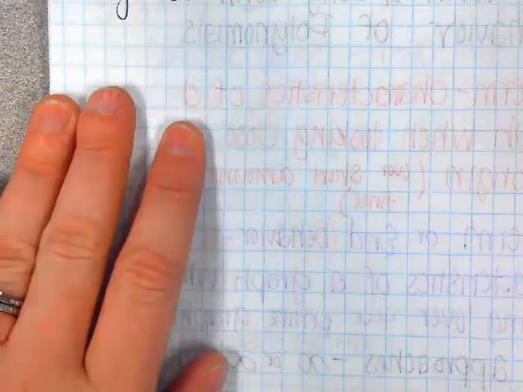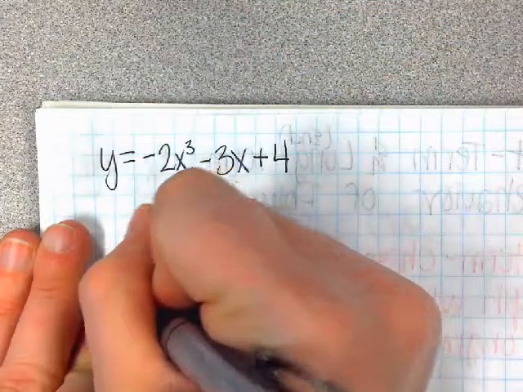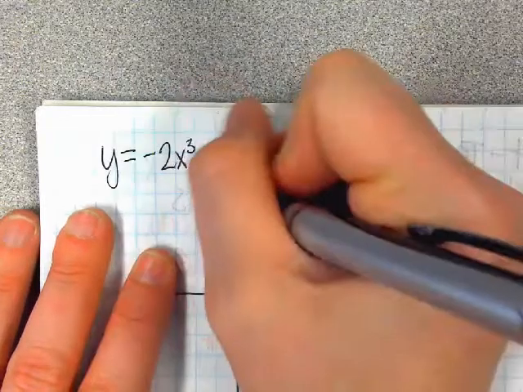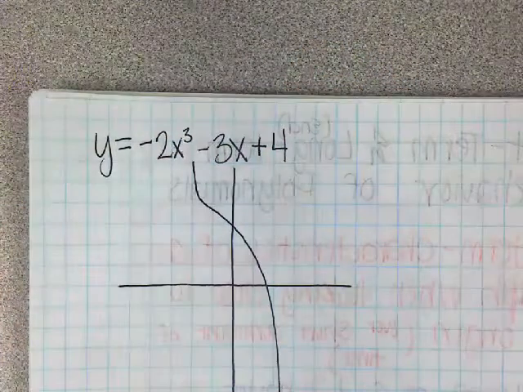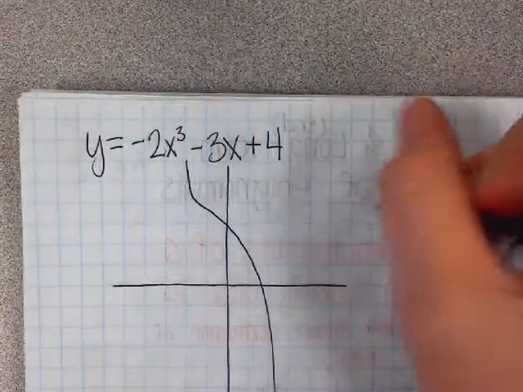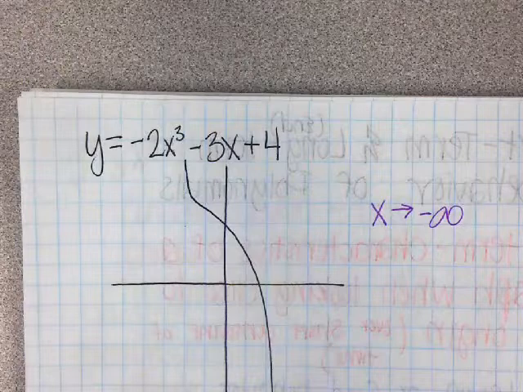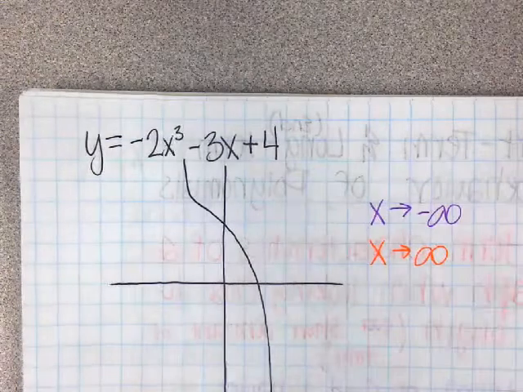So if I do y equals negative 2x cubed minus 3x plus 4, it looks like this. That's not a very good drawing, but okay, you always write it as x approaches negative infinity and as x approaches positive infinity.